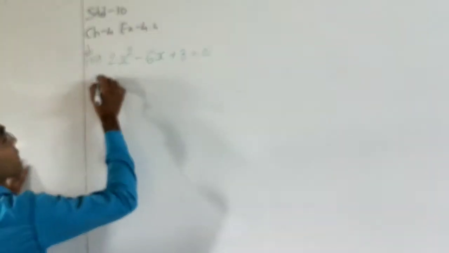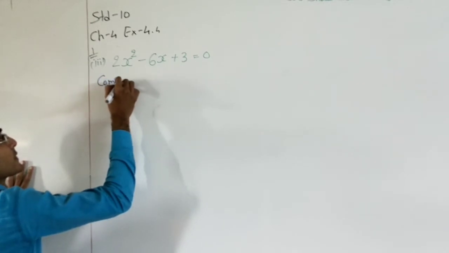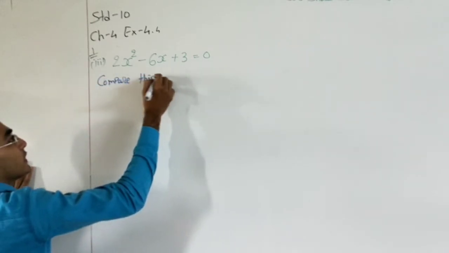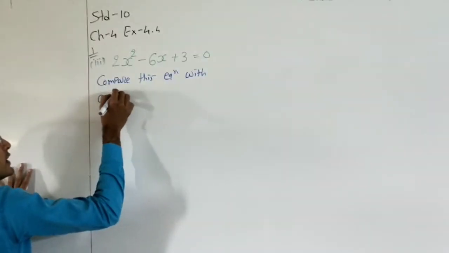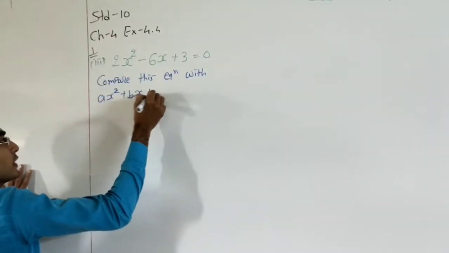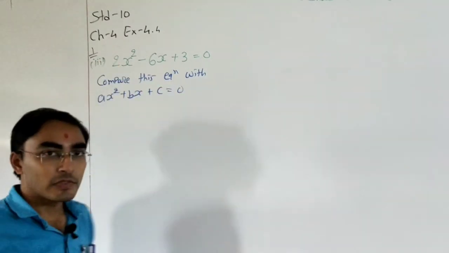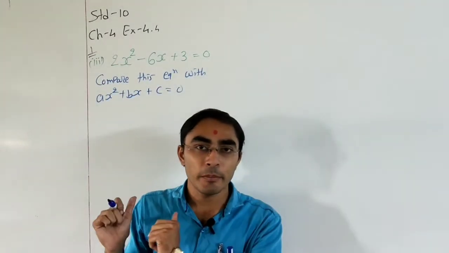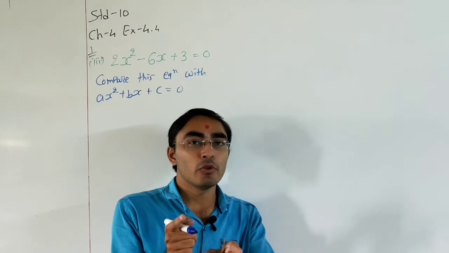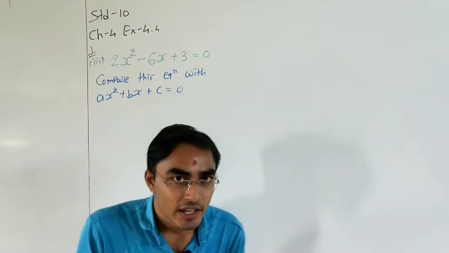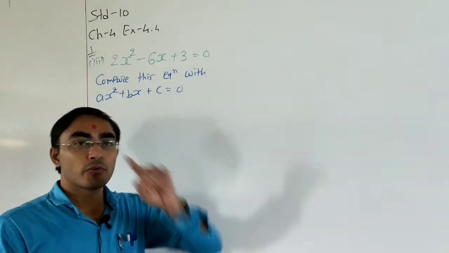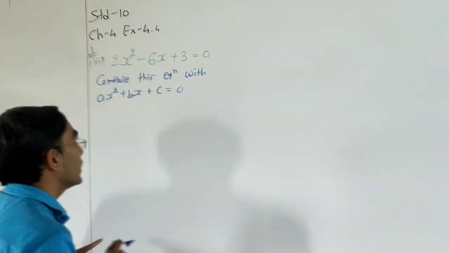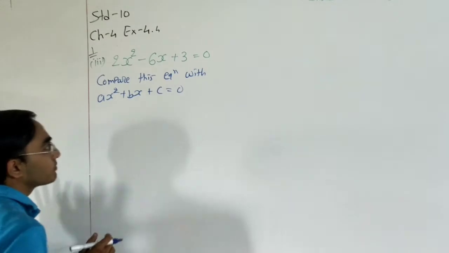So compare this equation with ax square plus bx plus c is equal to 0. Why are we doing the comparison here? Because we want the value of a, b and c. And we need to put these values in the formula of d, because we are finding the nature of roots.